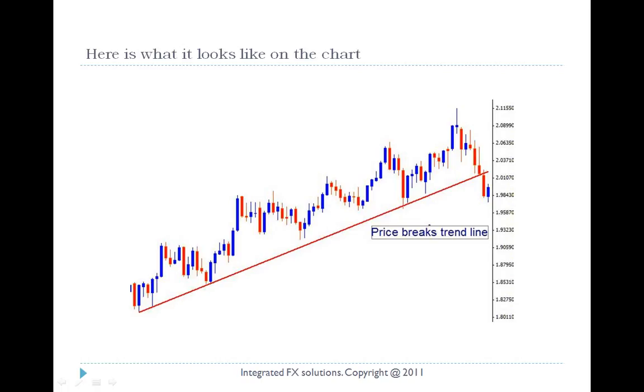We can see that price was initially bouncing on the trend line, and then price broke that trend line, and you can see the beautiful bearish candle after the trend line was broken. At that point, a good trader will be watching for a possible change of direction from a buy zone to a sell zone.